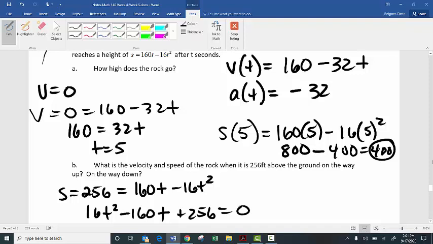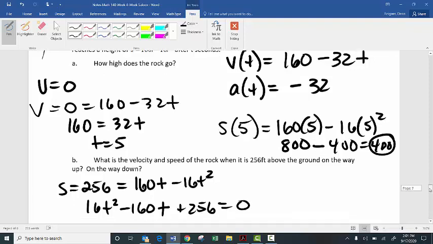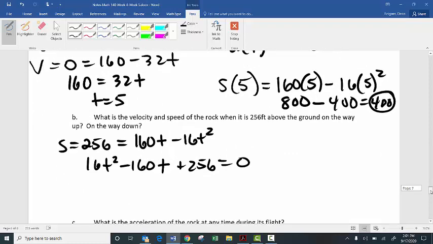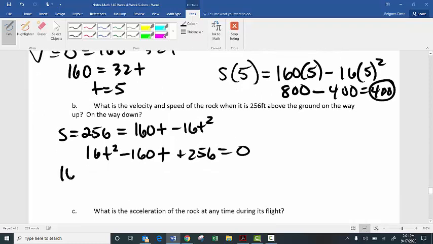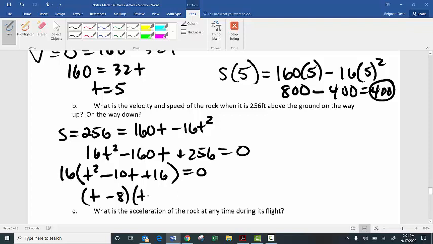So what you have to do then is factor a 16 out of here. So you get t squared minus 10t, and then 256 divided by 16 is 16, plus 16 equals 0. So this one actually factors into t minus 8 and t minus 2.